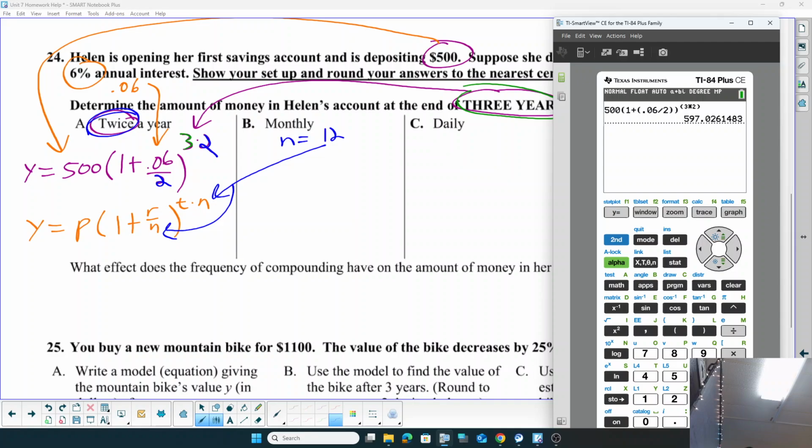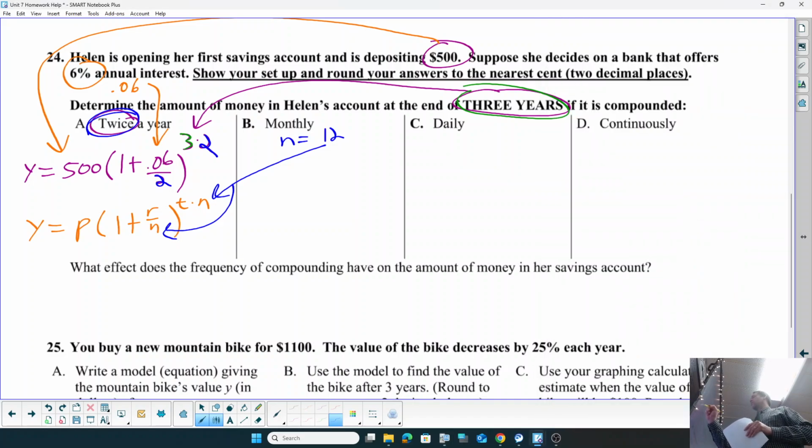Cool. So we get $597. Whoa, we got $97 we made. So $597.03 is our answer.